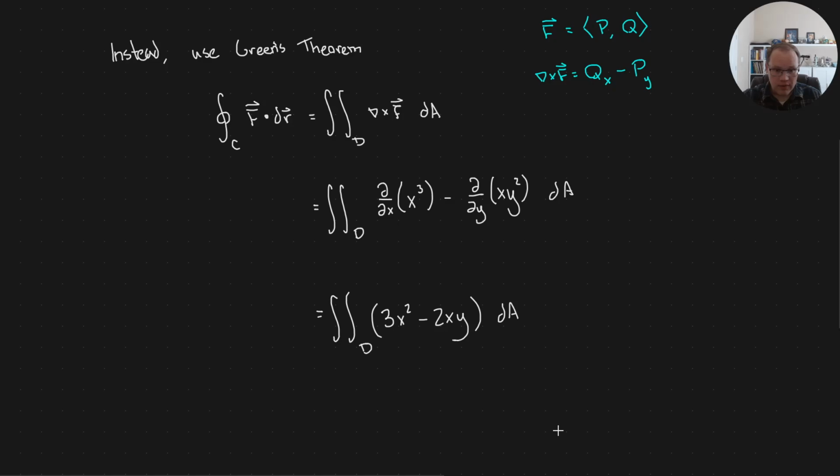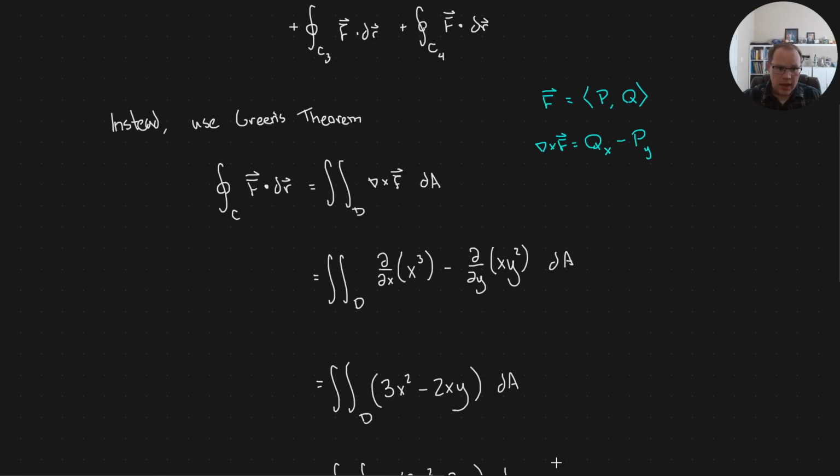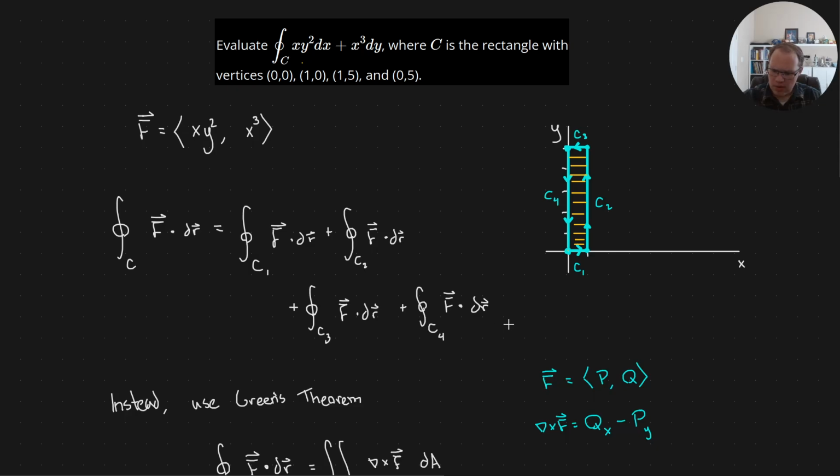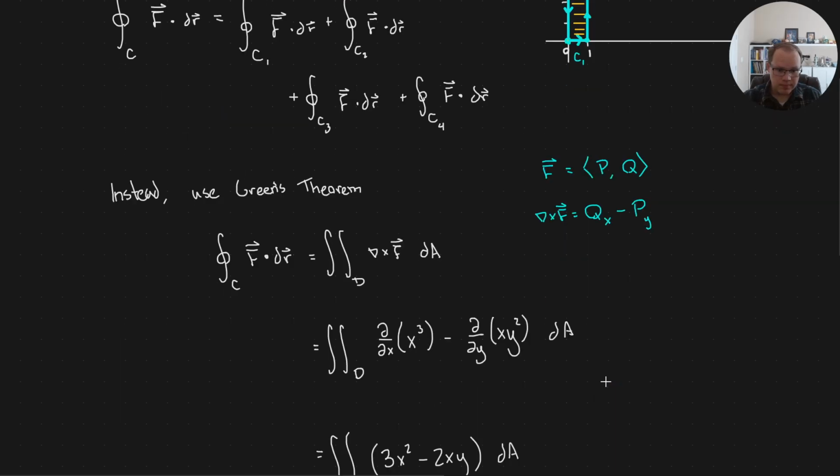So I'm going to integrate first with respect to x, where x goes from this edge to this edge. Based on my vertices, I'll go from x equals 0 to x equals 1.